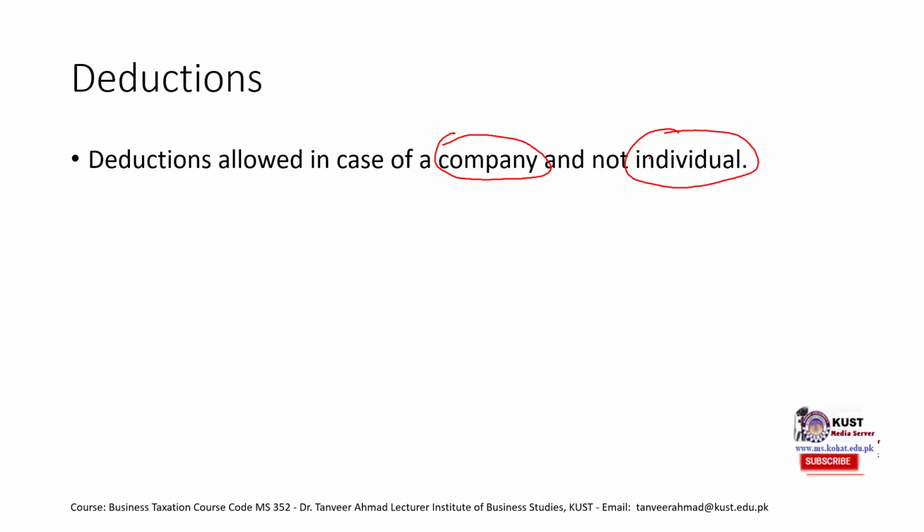Although the deductions that we have discussed in previous lectures related to salary are allowed for an individual. The deduction of zakat and donations, etc., are still allowed for an individual. But the deductions that we are going to discuss in this lecture are only allowed for a company.